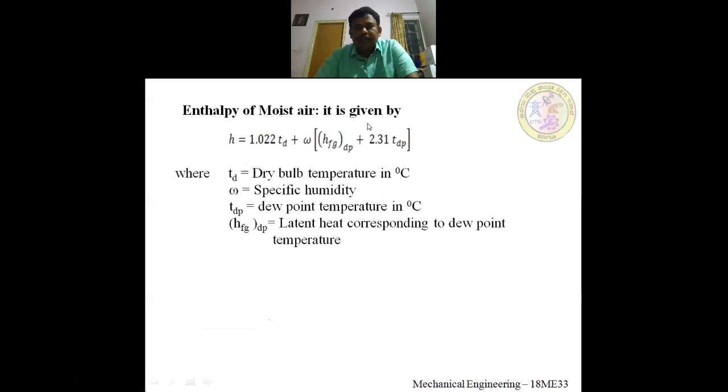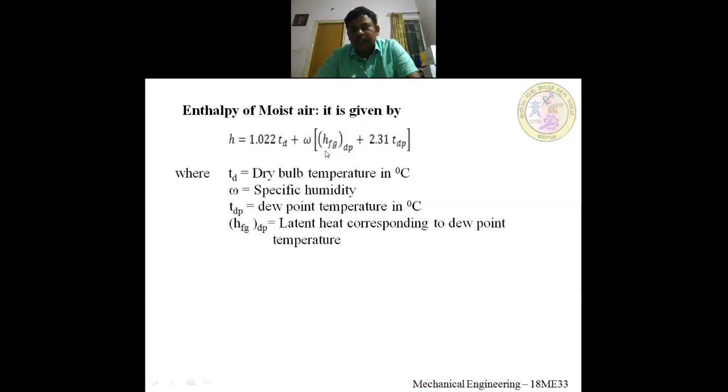Enthalpy of moist air, next equation. It is given by H is equal to 1.022 dry bulb temperature plus omega, the specific humidity, times HFG. This HFG you are going to find at the dew point temperature. You will be knowing the dew point temperature, and you have to go to the steam tables for that temperature.